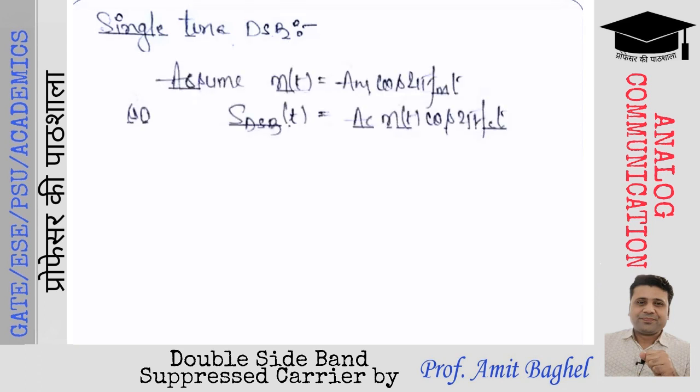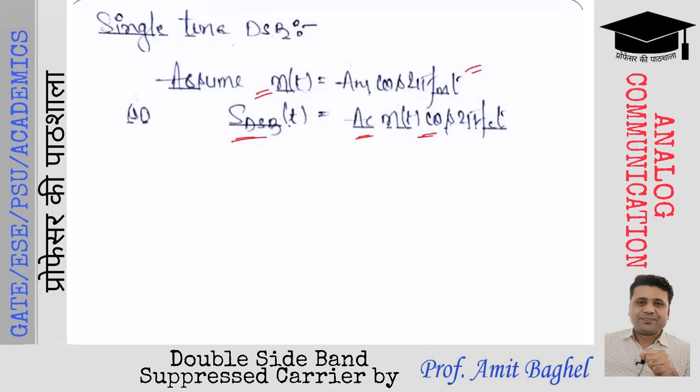Let us assume, मान लेते हैं, single tone message का मतलब है m(t) will be taken as Am cos 2π fm t, and we know the mathematical expression of DSB as s_DSB(t) = Ac m(t) cos 2π fc t. So this is m(t) into c(t).